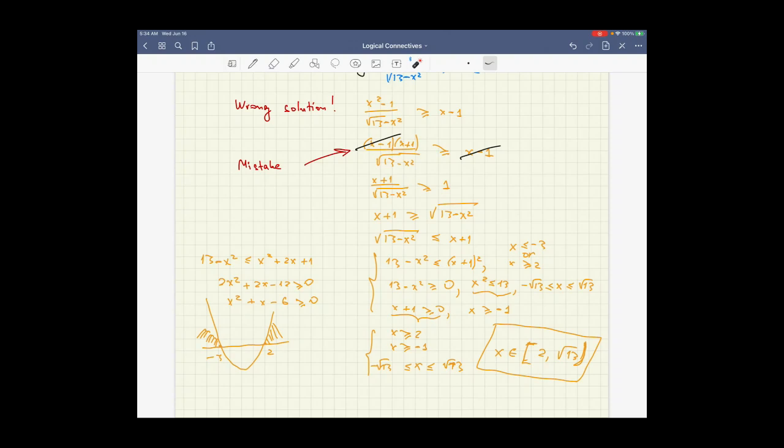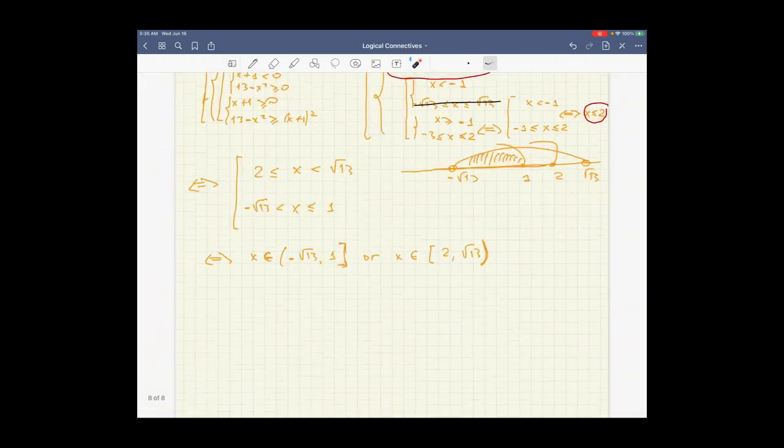Because we divided by a possibly negative expression and didn't flip the sign of the inequality, we didn't get the right answer. And there were, as we know now, x's for which x minus 1 is negative, for which the inequality is true. So by canceling by x minus 1, we lost all those x's.